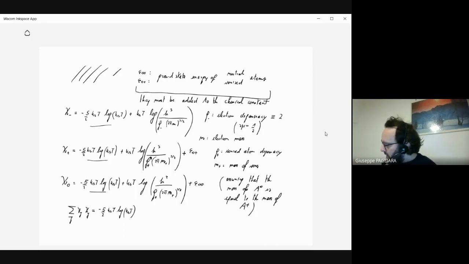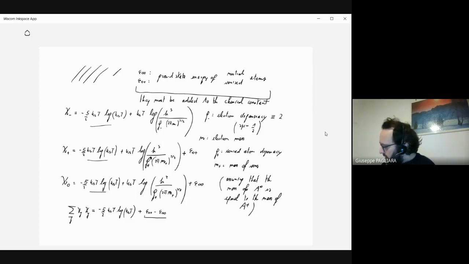Then, by considering the fact that this adds a plus and this adds a minus, I have a plus E0 minus E0, 0.